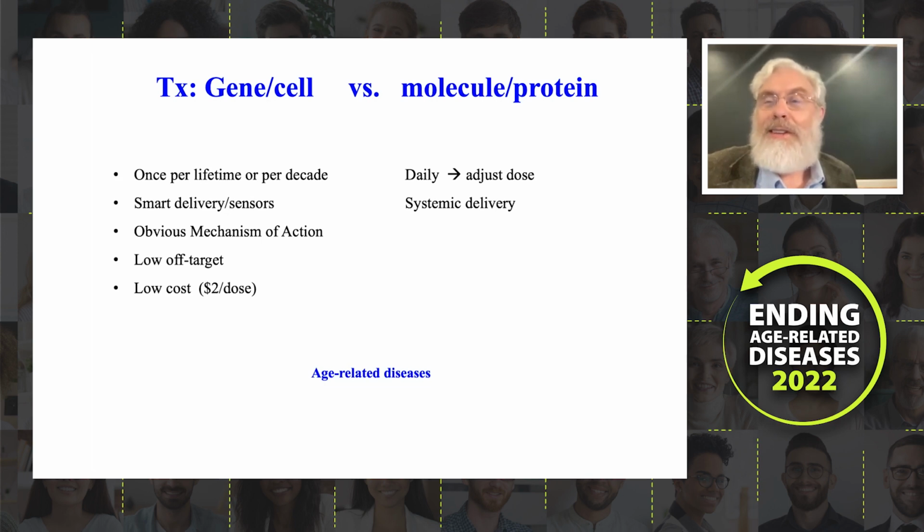Genes and cells can tend to be a little bit smarter about what they're sensing about the environment, how they're responding to it, where they're migrating, how they're staying localized, and so forth. Also, with genes, there's an obvious mechanism of action.